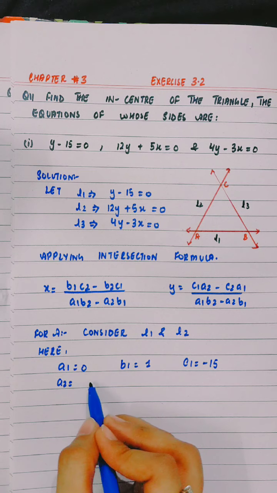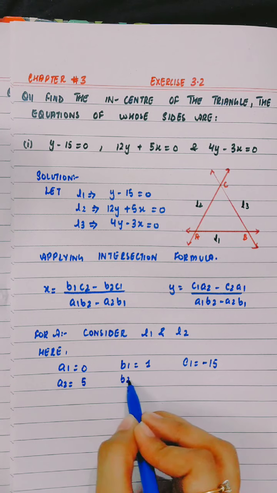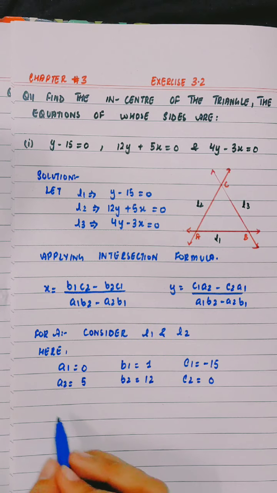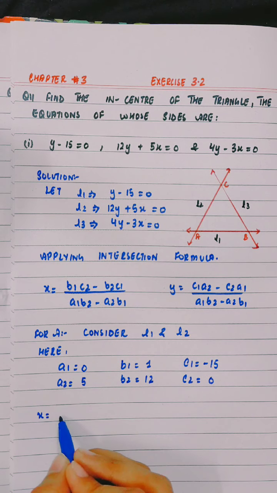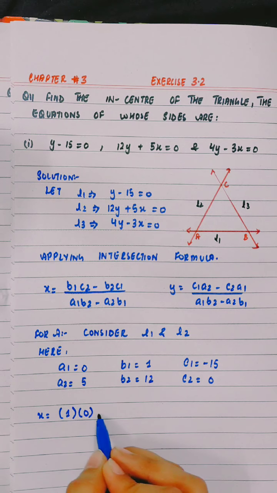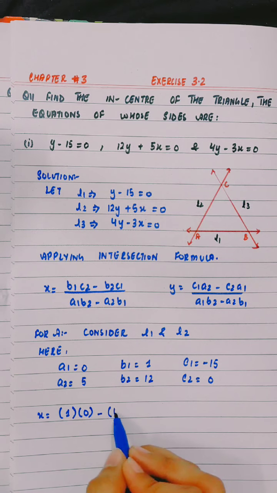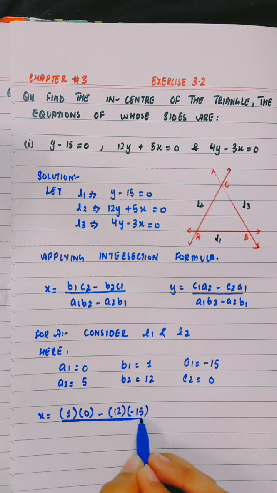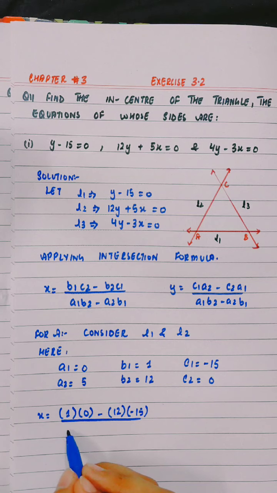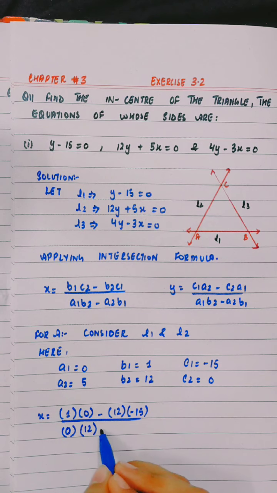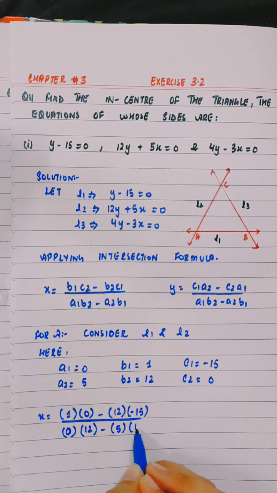A2 is 5, B2 is 12 and C2 is 0. X is equals to 1 into 0 minus 12 into minus 15 divided by 0 into 12 minus 5 into 1.